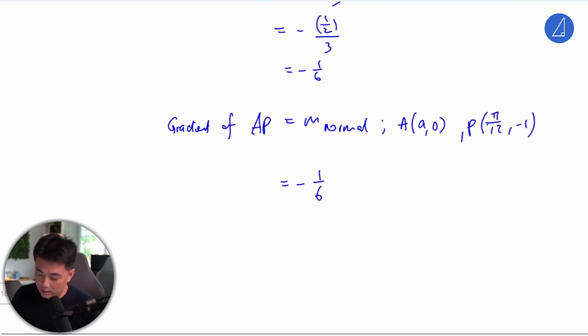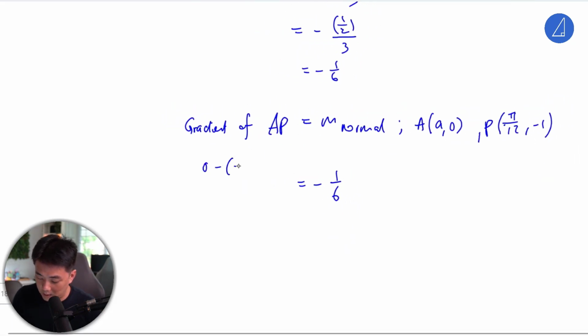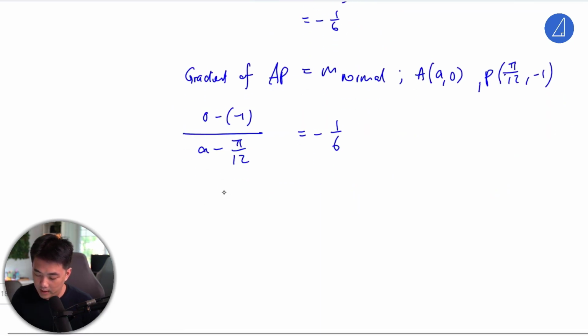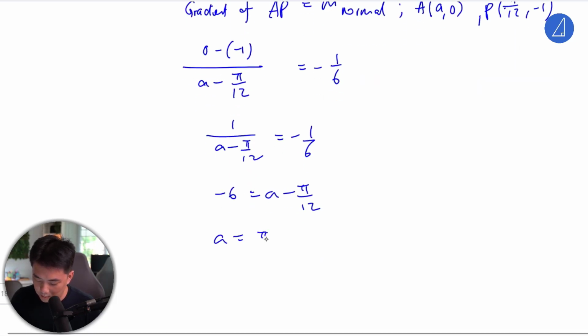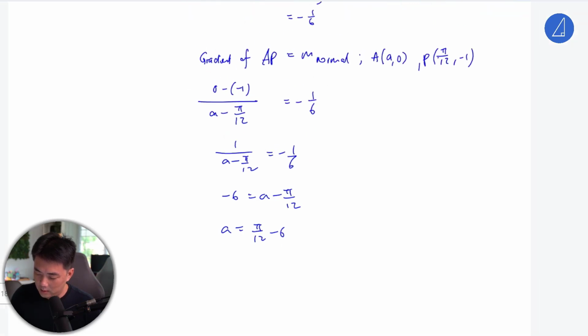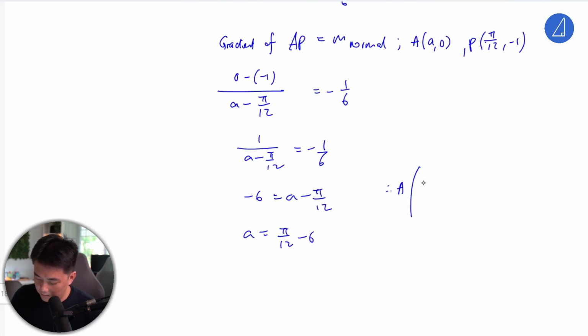So then we just take y1 minus y2. So 0 minus minus 1 over A minus pi over 12. Then cross multiply. So I'll just get this as 1 over A minus pi over 12 equals to minus 1 over 6. Then minus 6 equals to A minus pi over 12. So A is actually equal to pi over 12 minus 6. So A is pi over 12 minus 6 comma 0.